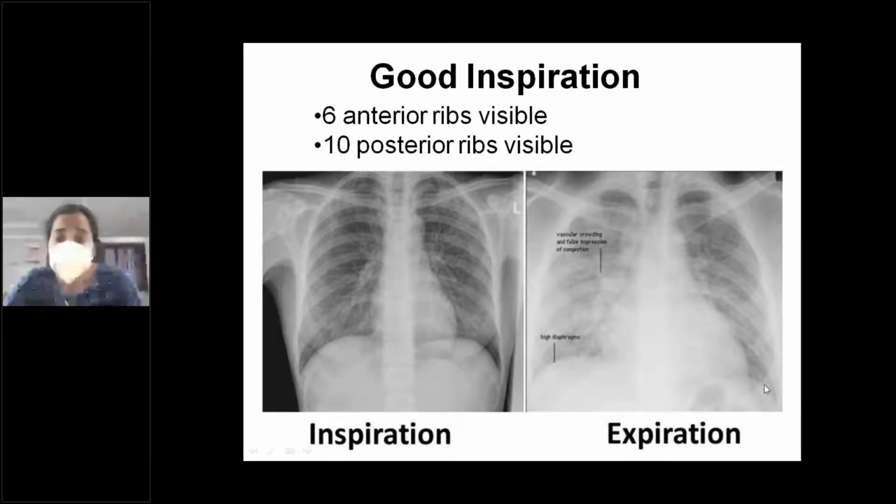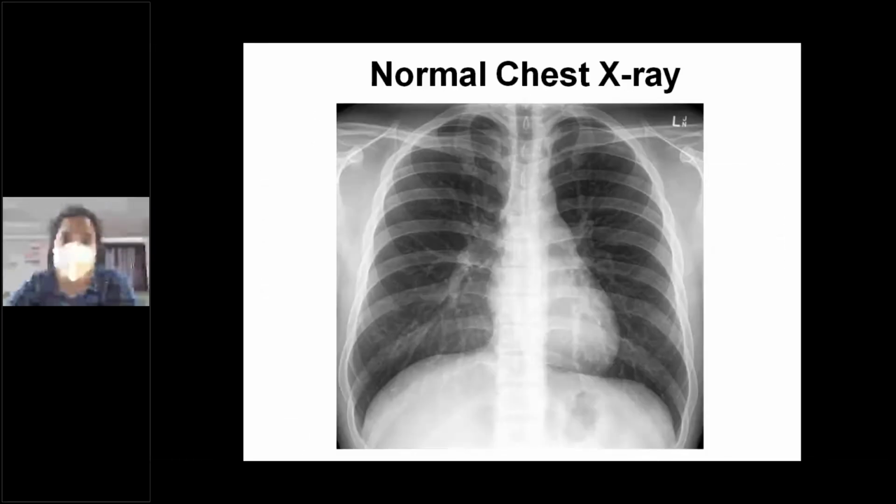But if the patient is in expiration, almost everything is filled with blood, and it is almost opacified. You cannot comment, even if you want to, on if there is a pathology. You cannot comment confidently that there is a pathology due to this. So you always have to advise the technician to take the radiograph in a full inspiration.